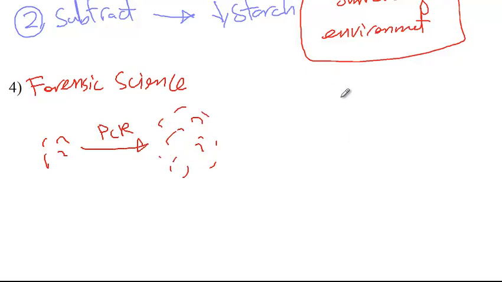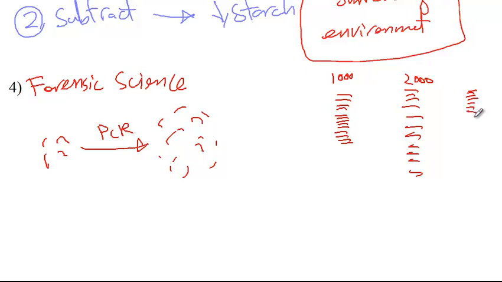Now, just like our fingerprints are unique to every one of us, we each have our own DNA. There are certain areas of our genome that have a certain number of repetitions of DNA sequences. Like, let's say I have, for instance, 1,000 repetitions of my DNA sequence. You may have 2,000. Another person may have only 80.